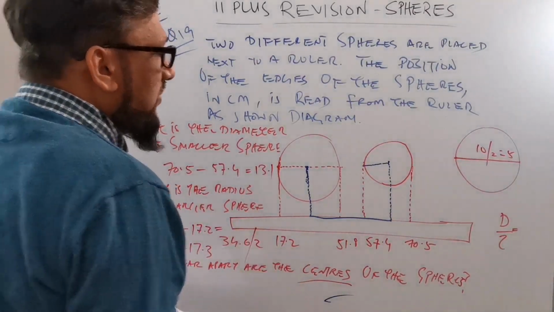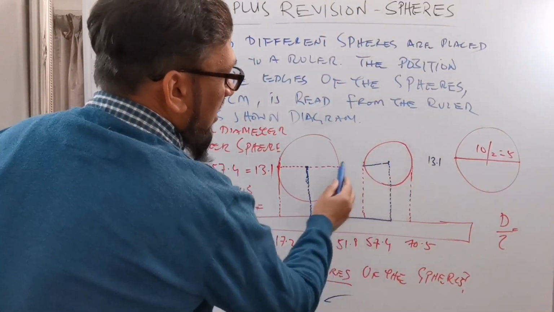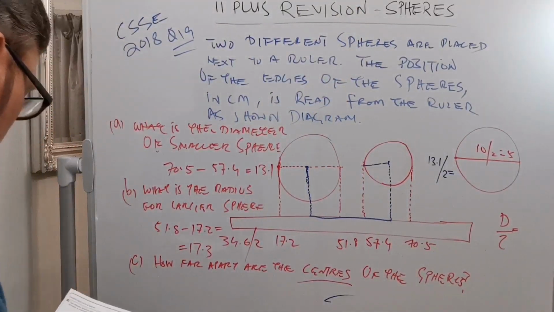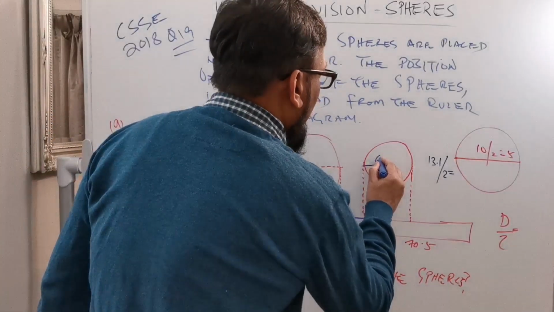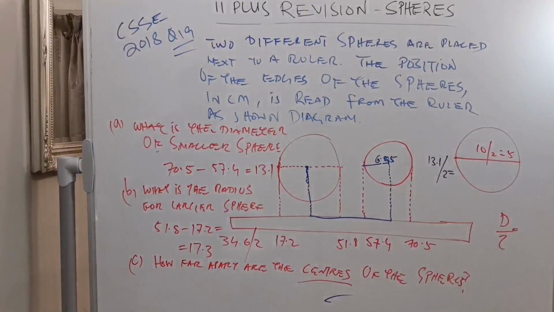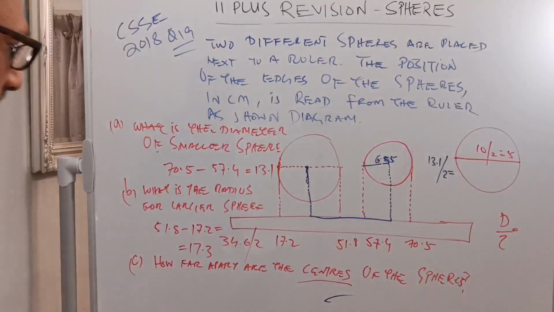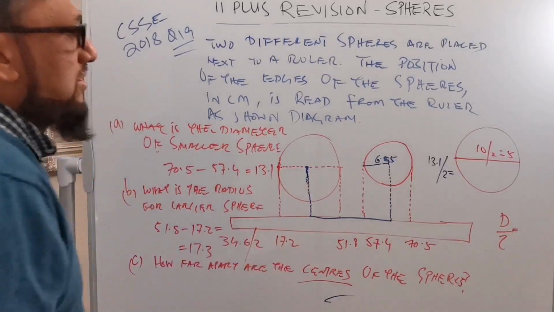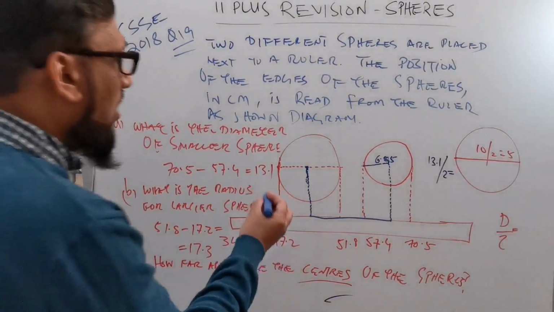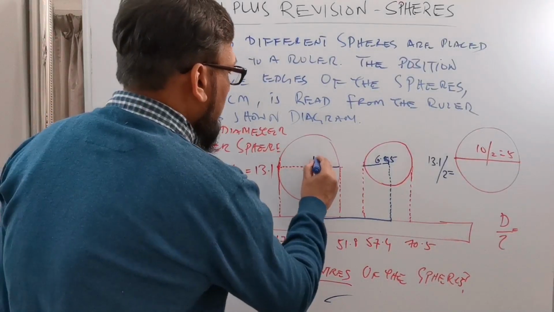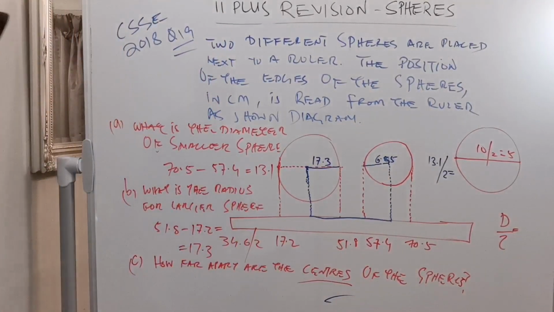Divided by 2, the radius of the smaller sphere is 6.55. And the radius of the larger sphere, from this point to this point, is 17.3, which we worked out in part B.